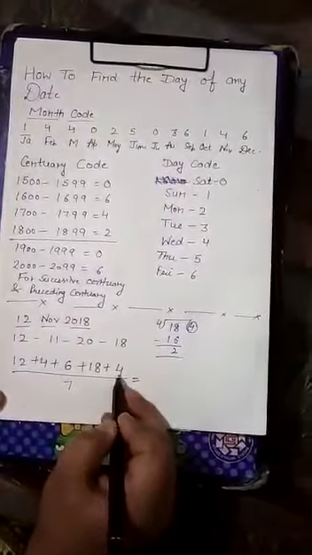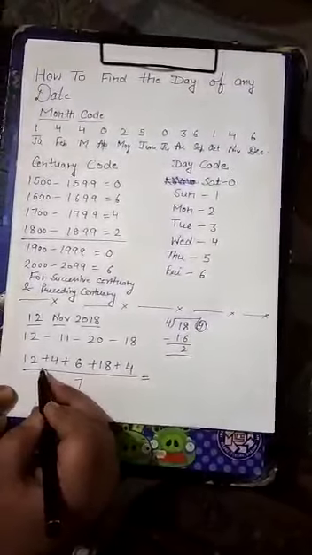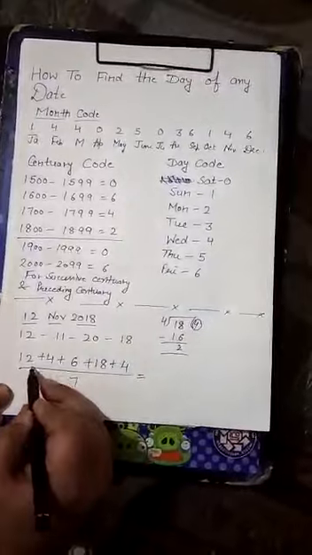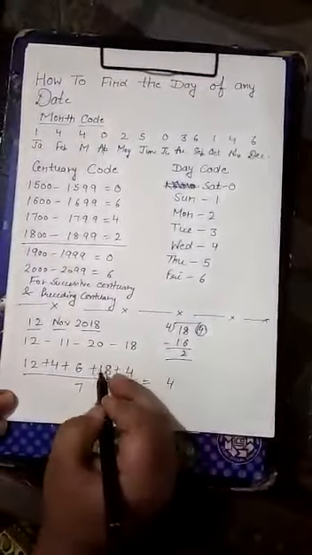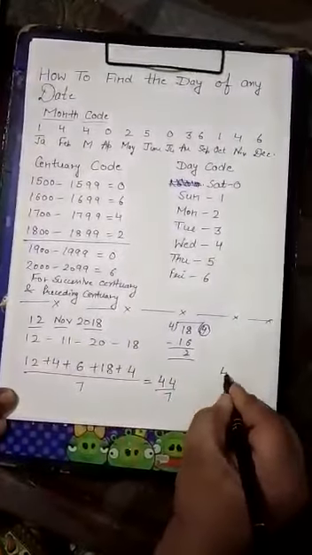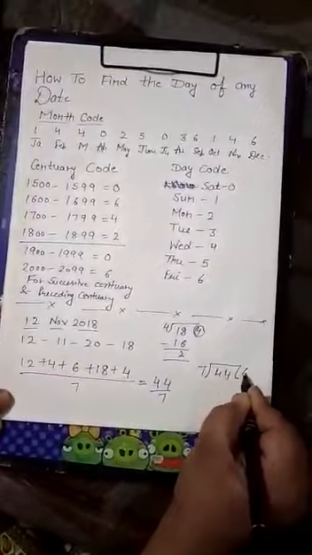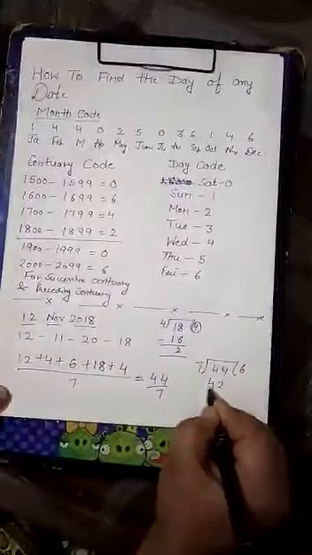So when you add these, you get 12, 16, 22, 44. It's 44 divided by 7. So 44 divided by 7 is 6, 7 sixes are 42.